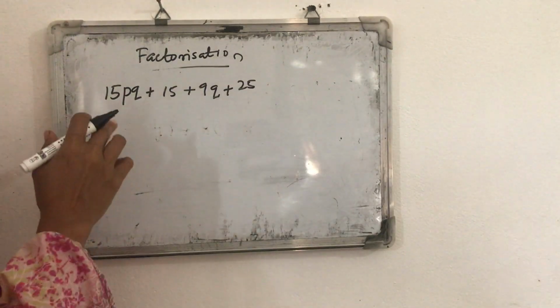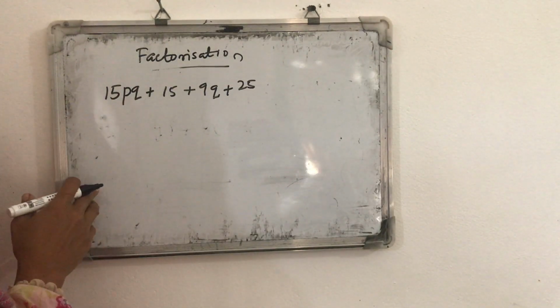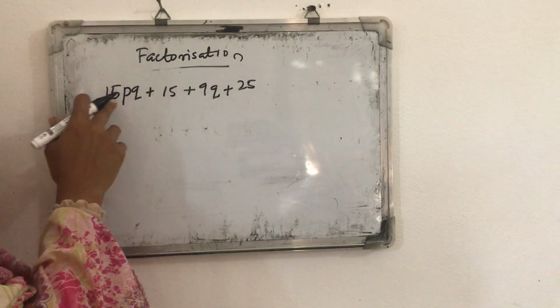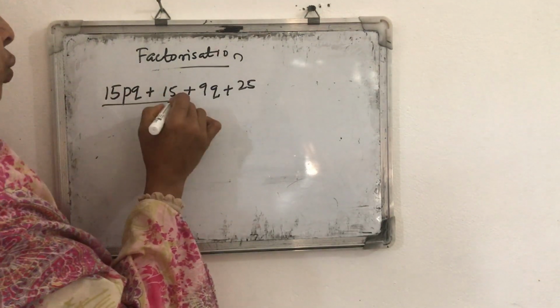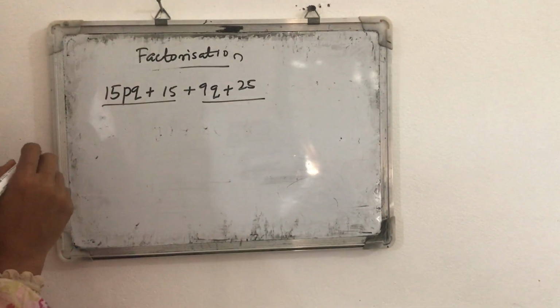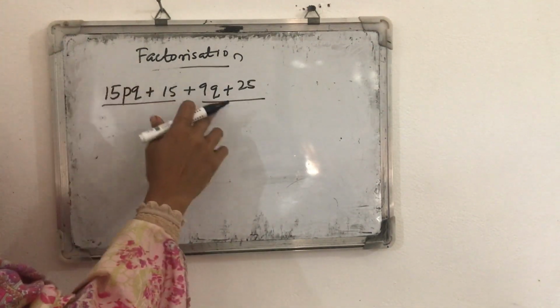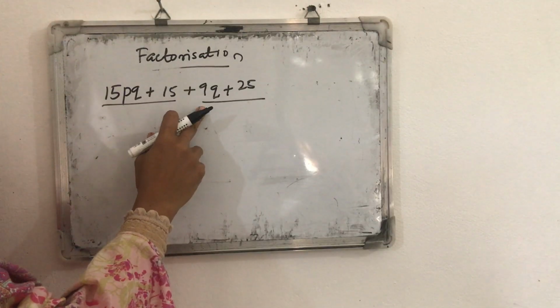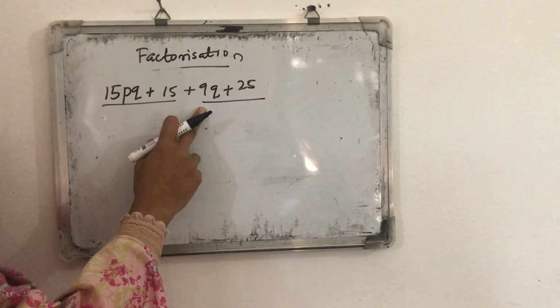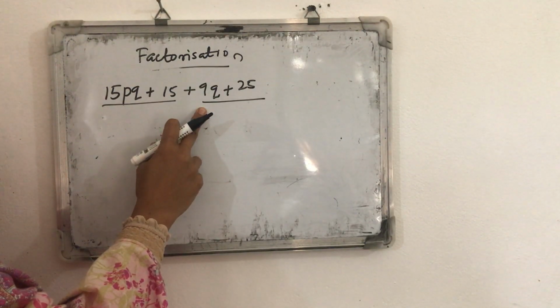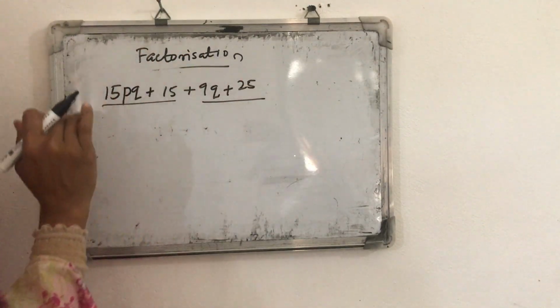No. So we can regroup this. If we regroup the first two, these two, 9q and 25 have no common factor. So what we want to do is change the regrouping.